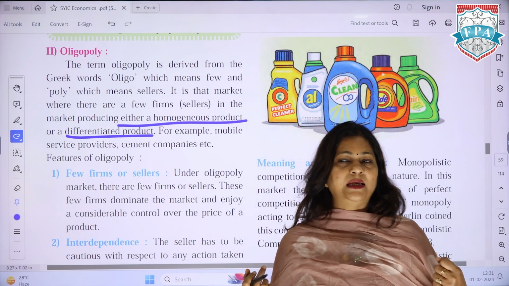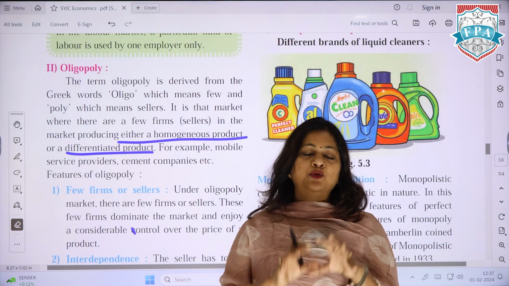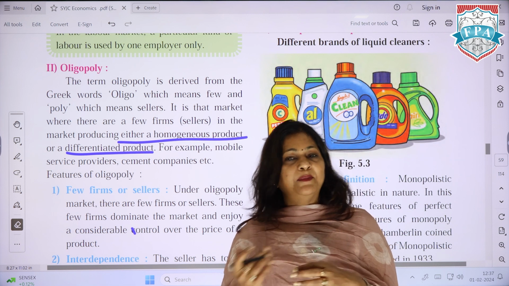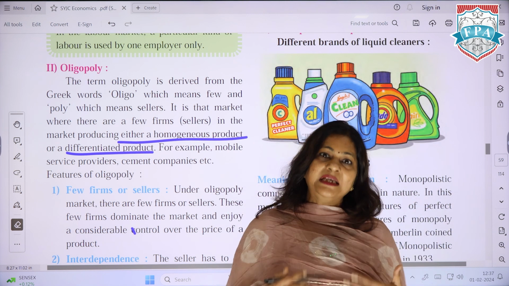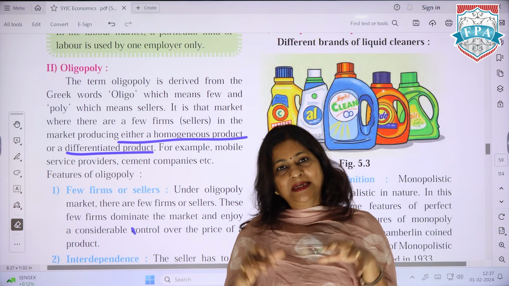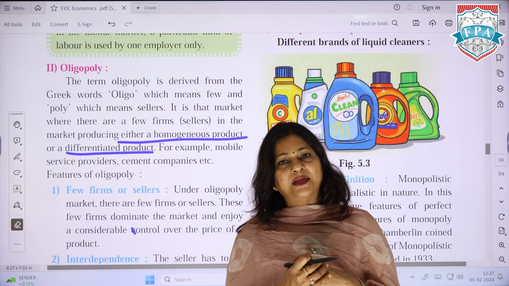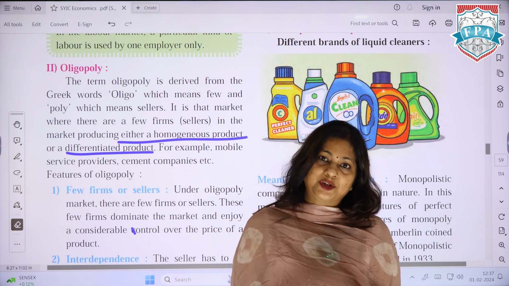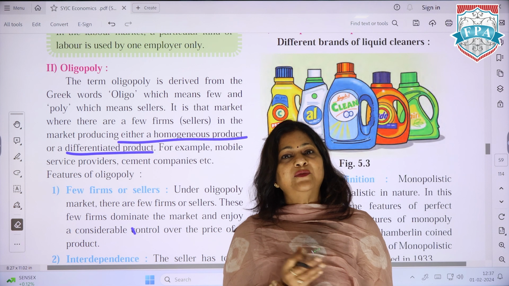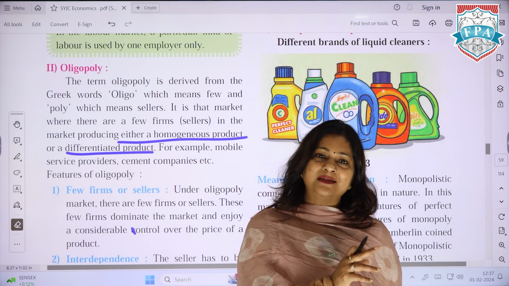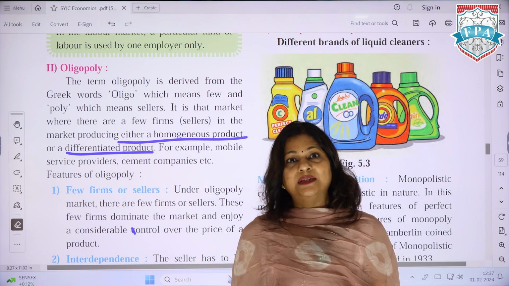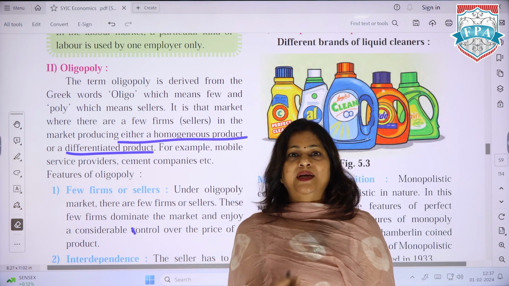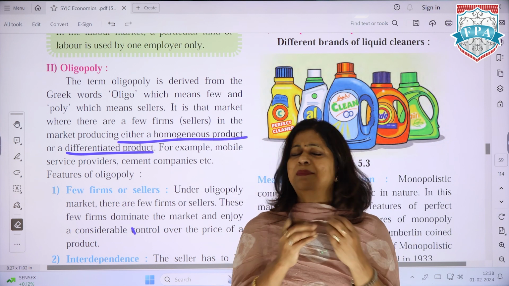Let's take up the example of, let's say tubeless tires, right? Now let's say tubeless tire can be produced by how many people? Is it easy for everybody to actually enter and start producing that particular product? The product may appear to be homogeneous, or it is a homogeneous product, but still it is not possible for every person to actually enter into the market and start producing that particular product, because infrastructure is needed, capital is needed, legal requirements, a lot of things.